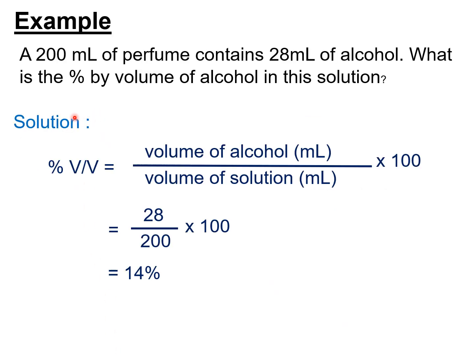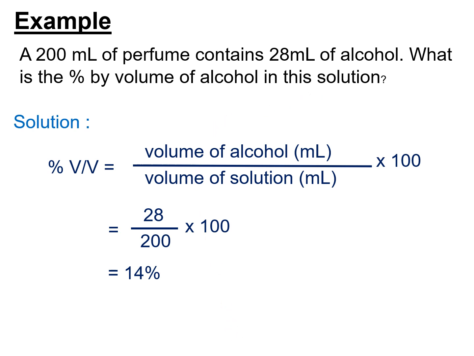Okay, for example, di dalam 200 ml of perfume ada 28 ml of alcohol. Okay, kiranya 28 ml of alcohol ni dilarutkan sehinggalah menjadi 200 ml of perfume. So, what is the percentage by volume of alcohol in this solution?